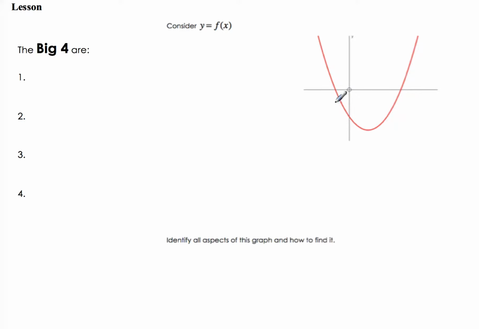So one of the big four, just like with any function, it's important to know what your y-intercept is. To find it, set your x equal to 0 and solve for y. That would be how we algebraically find our y-intercept.